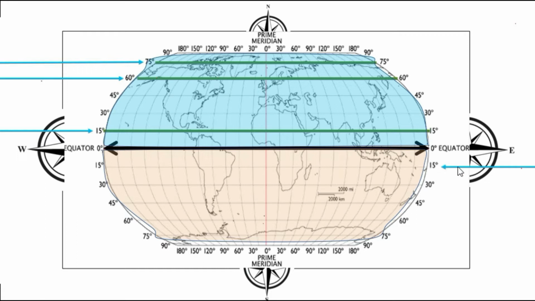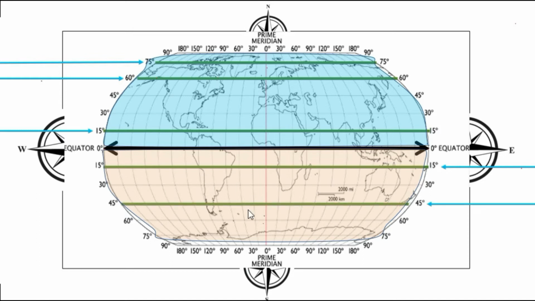If you look at this line here, it's 15 degrees south because it's south of the equator in the southern hemisphere. And the name of this entire line is 15 degrees south. This entire line on the map is called 45 degrees south. This line on the map, the name of this line is 75 degrees south.